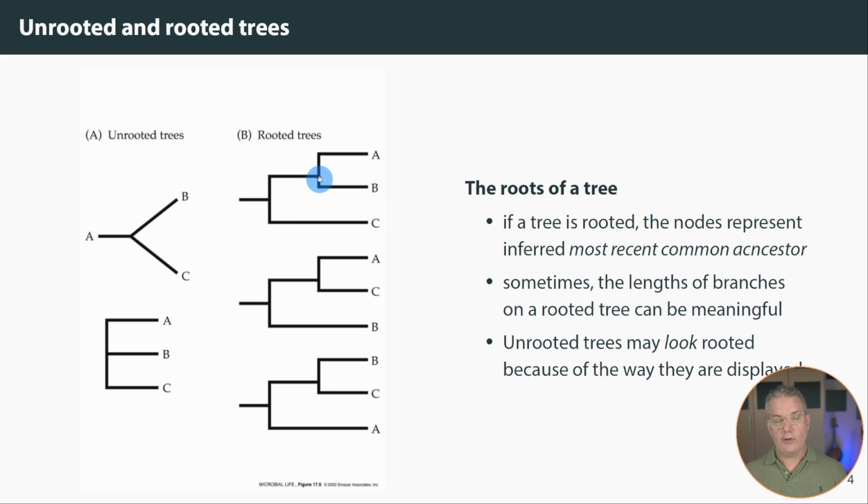Each of the nodes represents the most recent common ancestor of the branches that follow it in the model. And in a rooted tree, as in an unrooted tree, the lengths of the branches may be meaningful. Sometimes we can see an unrooted tree and it looks suspiciously like a rooted tree, and we might have to look at it a few times or look at the caption in order to tell whether the tree is actually rooted or not.